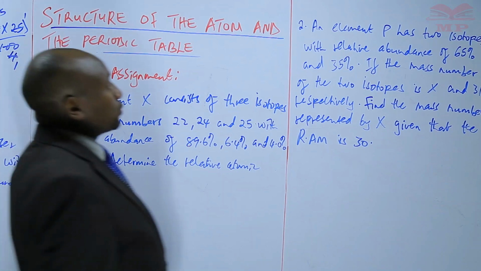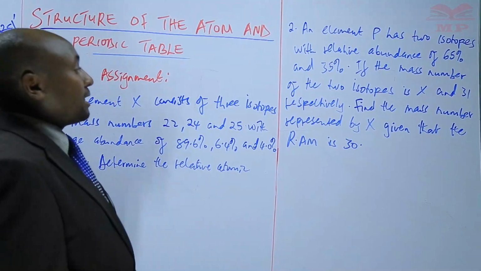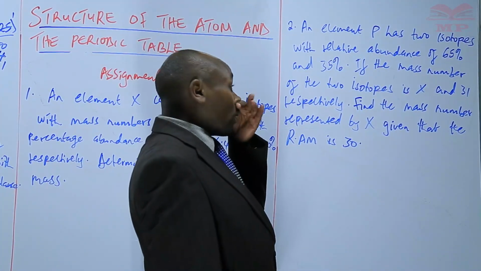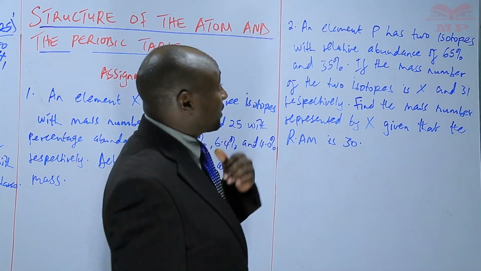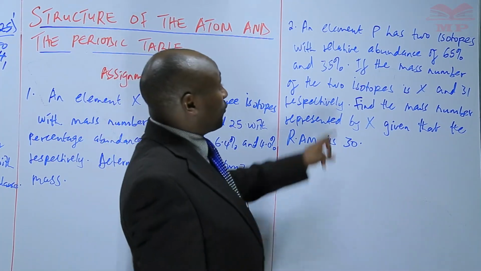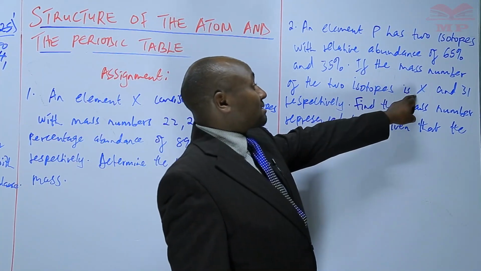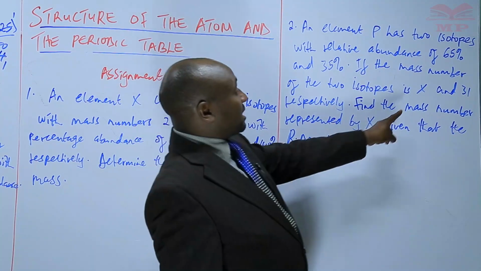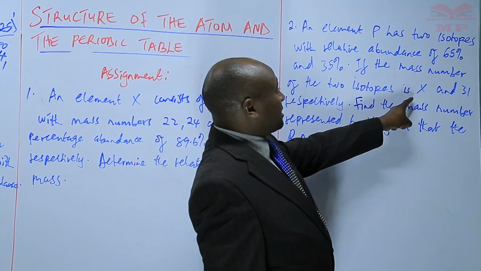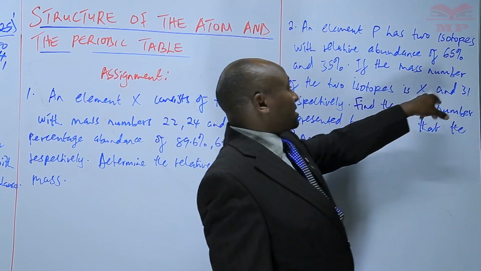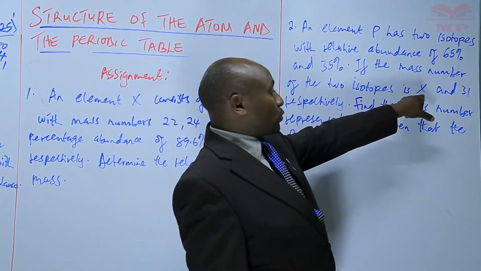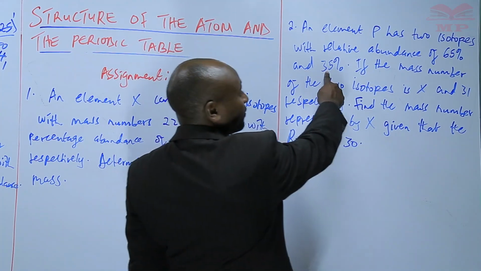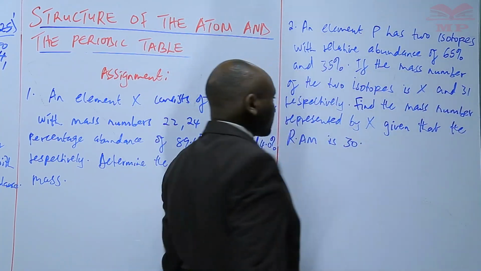In question number 2, an element P has 2 isotopes with the relative percentages of 65 and 35. If the mass numbers of the 2 isotopes are X and 31 respectively, that means the one with a percentage of 65 has a mass of X, so we don't know the mass, and the one that has a percentage of 35 has a mass of 31.